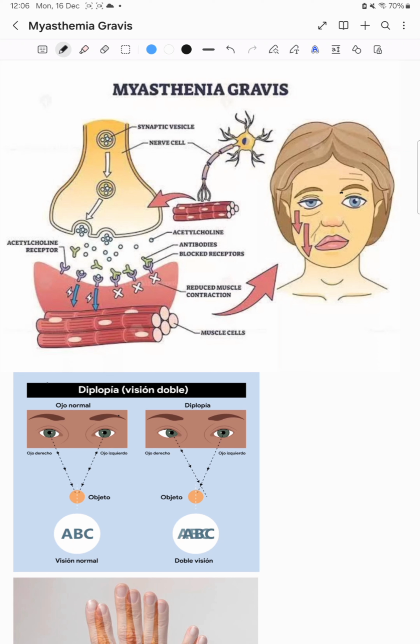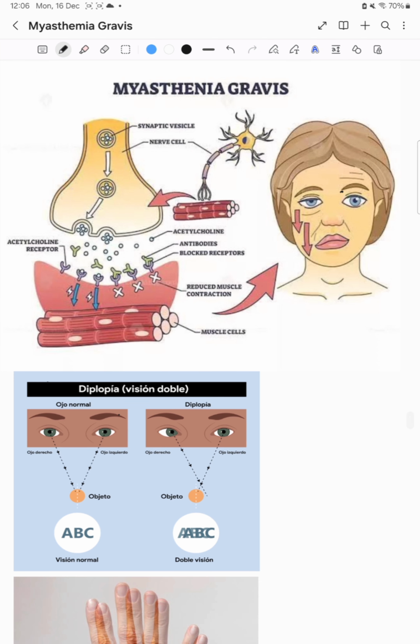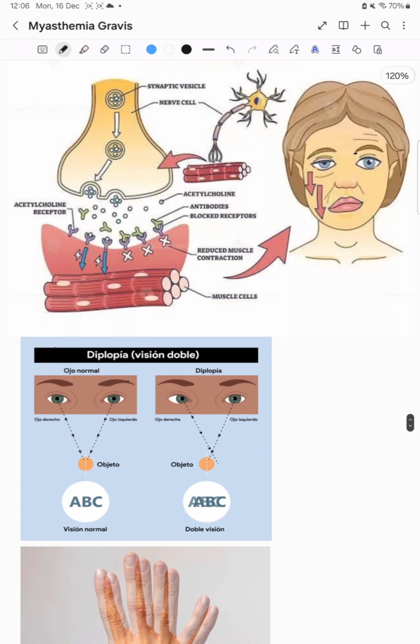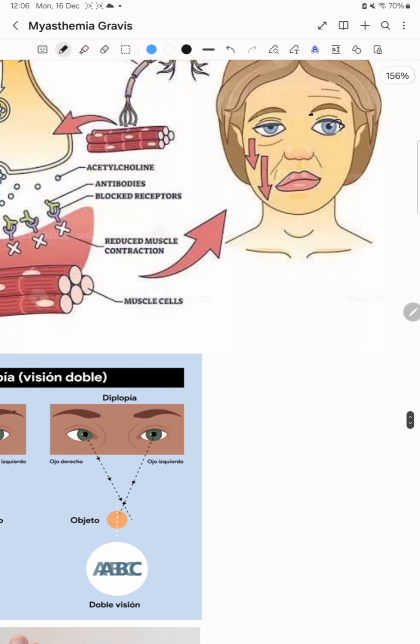Myasthenia gravis is a chronic autoimmune disorder that causes weakness in the skeletal muscles due to impaired communication between nerves and muscles. So, here are the common signs and symptoms. Firstly, ptosis. Ptosis means drooping eyelids. We can see this is a proper eyelid and this eye is drooping.